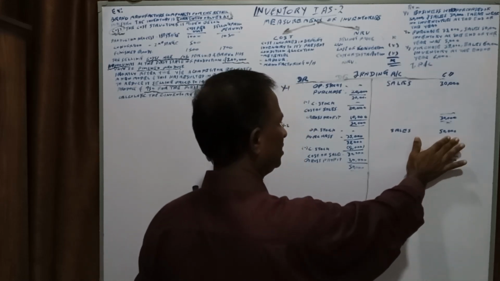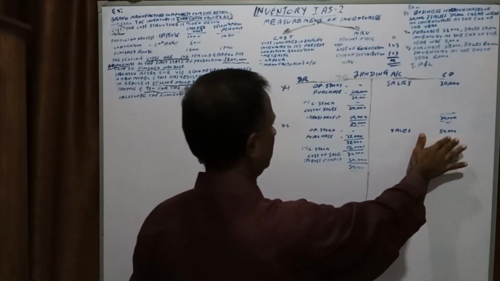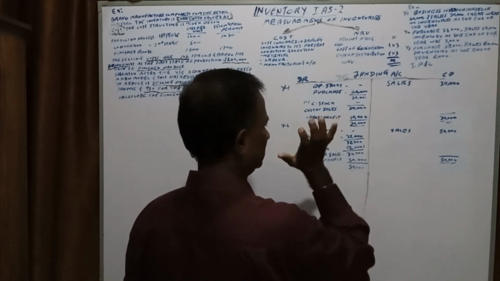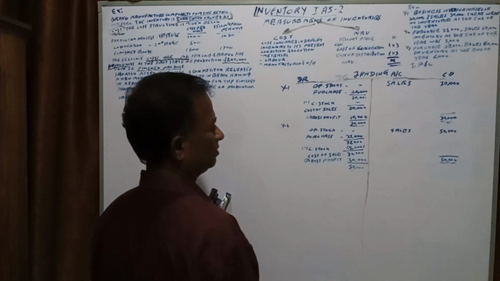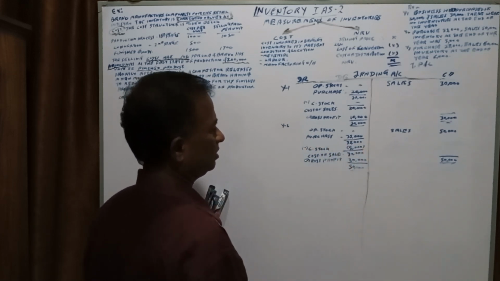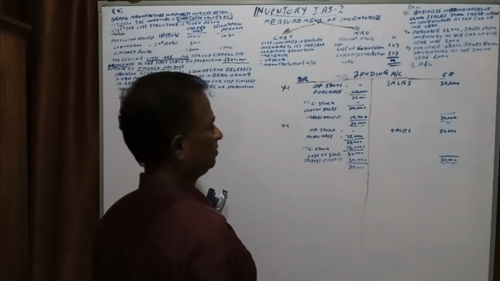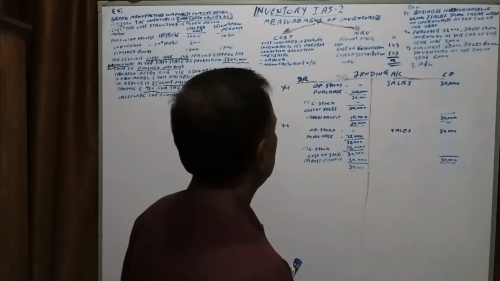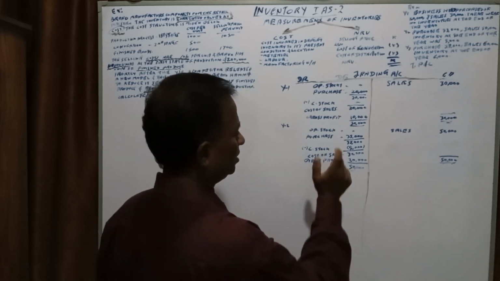The purchases 35,000 are debited, right? Then the closing stock of 5,000 is deducted. Then cost of sales is 30,000. Then gross profit is 20,000.